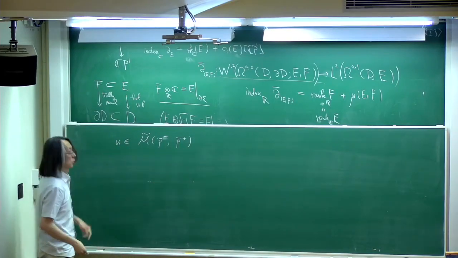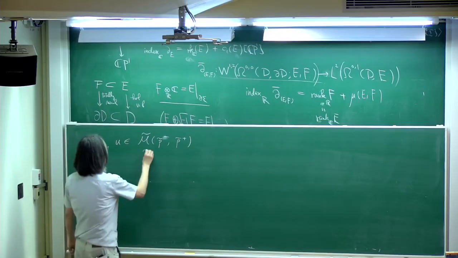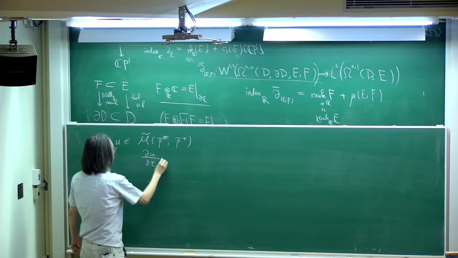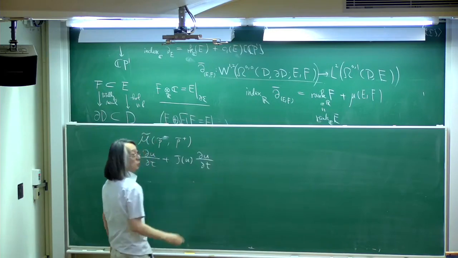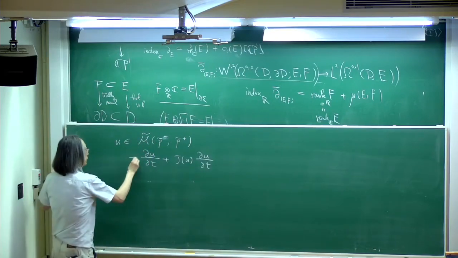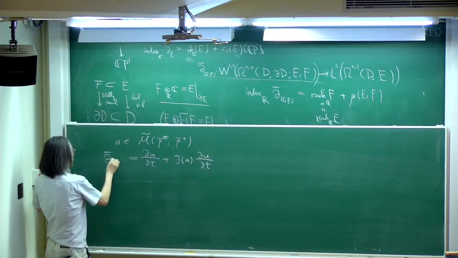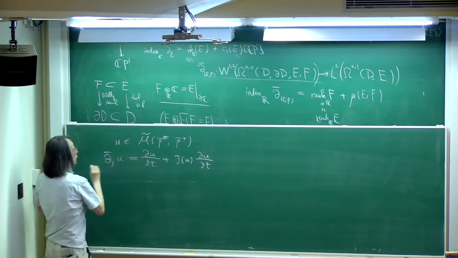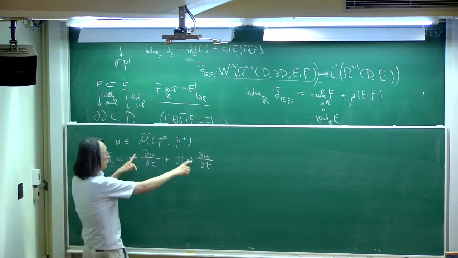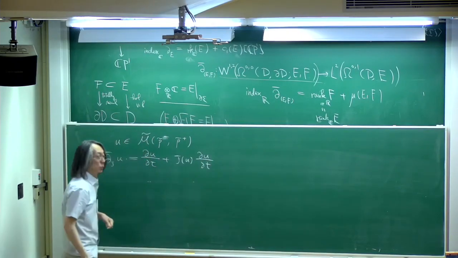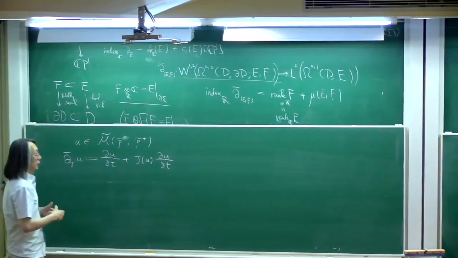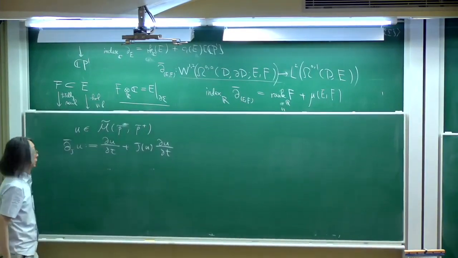So it's a solution of a certain Cauchy-Riemann operator, like du d tau plus J of u du dt is equal to 0. So maybe we can just write it as an equation like d bar J of u or something. Maybe people usually think of it as a one-form, so I need to put some form part here, but I can trivialize it in this case, so therefore like this.